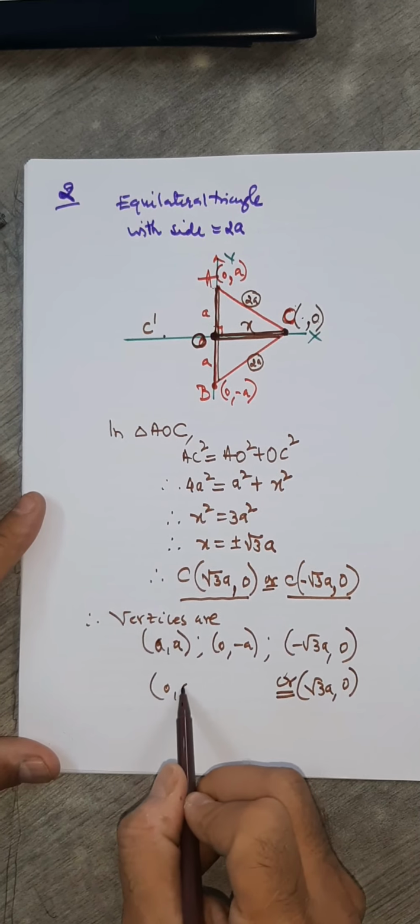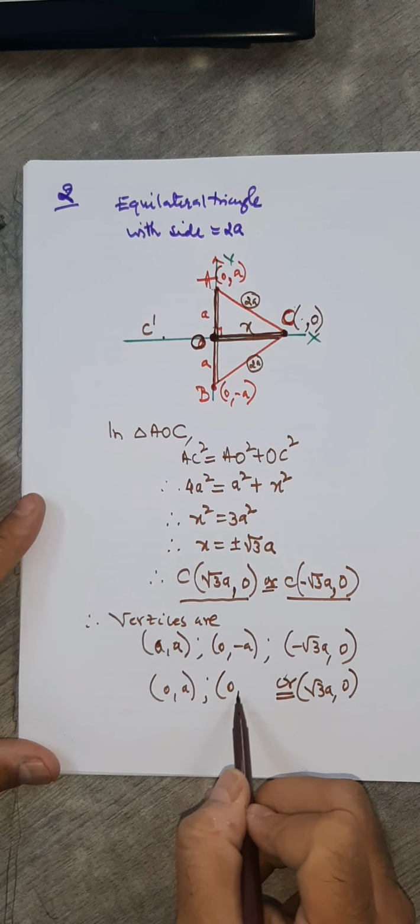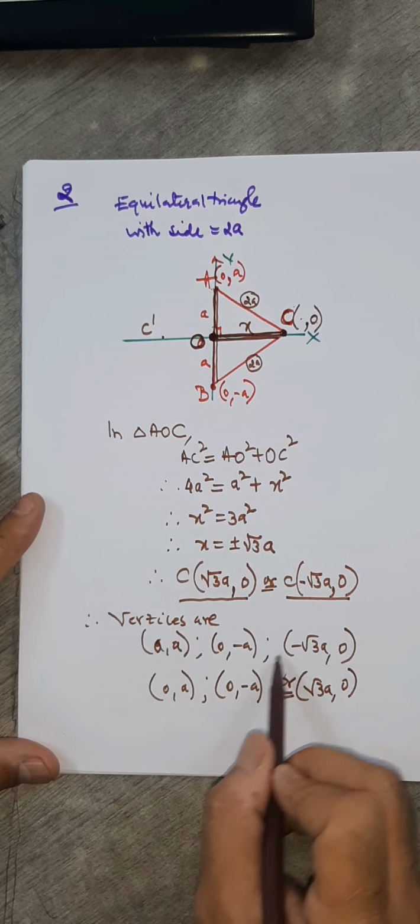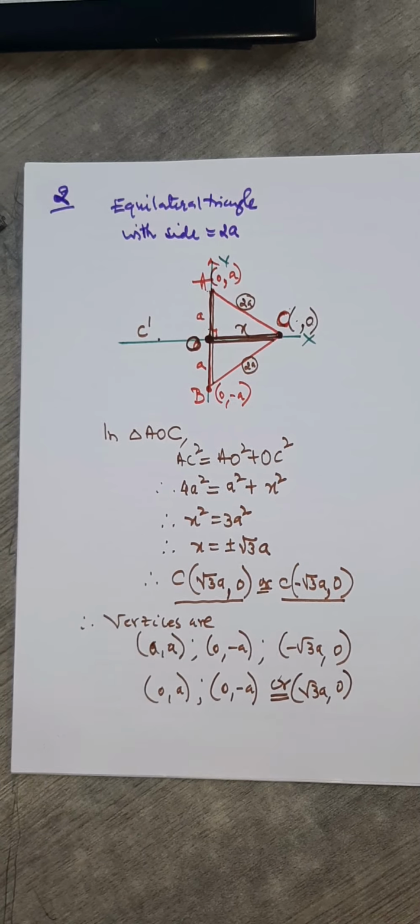These two are fixed, 0, a and 0, minus a. Fine, either this or this.